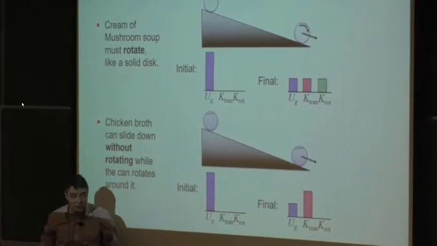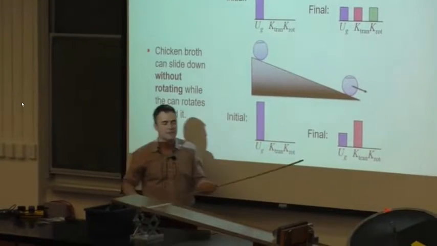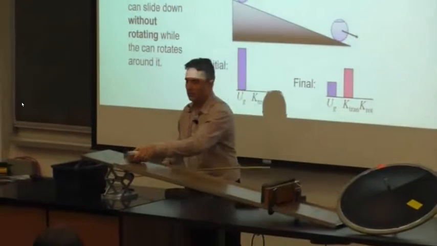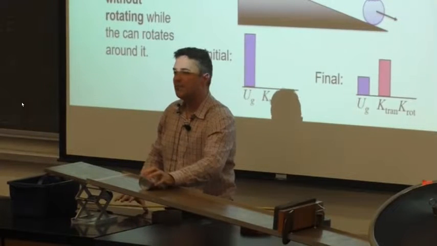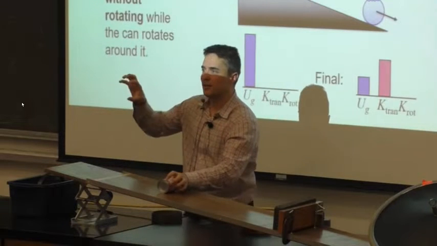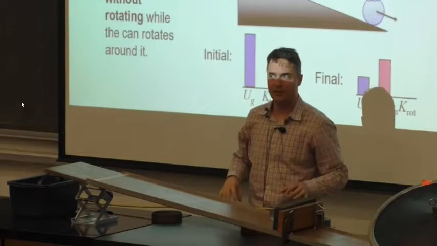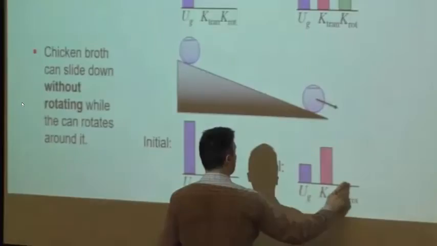And I think what's happening with the chicken broth is it's probably not even rotating at all. If I start up here and release it from rest, certainly the can has to rotate, and it might slosh the soup around a little bit, but generally the soup can almost just sort of slide down. Can you imagine that? And so it's not taking up so much of this rotational energy, maybe a little bit, not much.